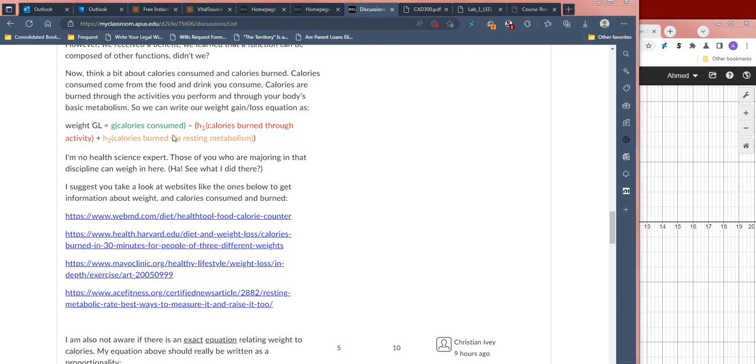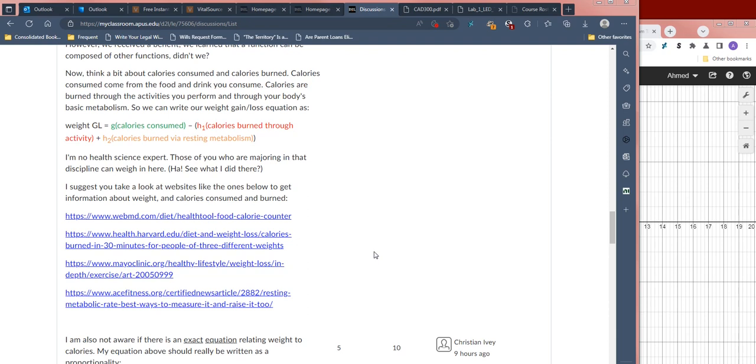So the question is, how do we find out how many calories are consumed and how many are burned and how many are used up by the metabolism? Well, you can go to these links that I've provided to look up some of that information, right? And here in the calories consumed, it's important that you take into account everything that is consumed. So if you have breakfast, lunch, dinner, any snacks in between, if you're drinking soda or alcohol, those contain calories.